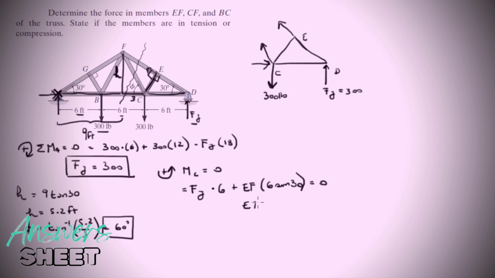So EF is equal to negative 600. The fact that it's negative means that it was going the other way. So EF is equal to 600, and we have to correct our diagram. It was going this way, which will make this one going that way, this one going this way, which means it's in compression, 600 pounds in compression.